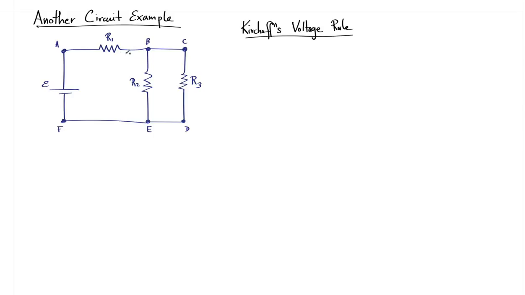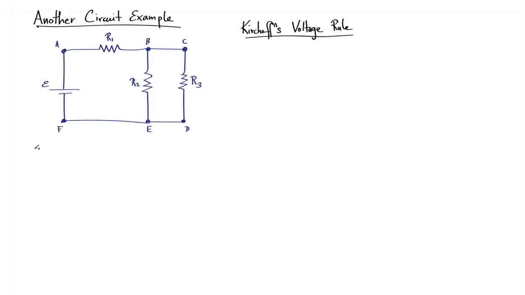The current can be diverted into different directions and things like that. So what I'm going to do now is walk through step by step how we use Kirchhoff's rules to solve, for instance, let's say what we want to know at the end of the day is the amount of current that flows through R3.